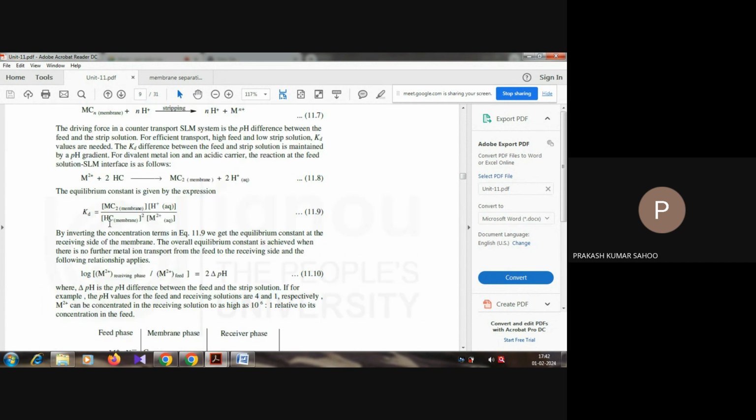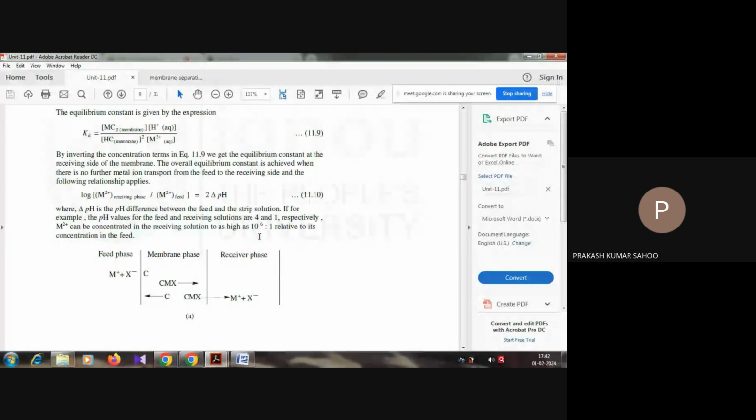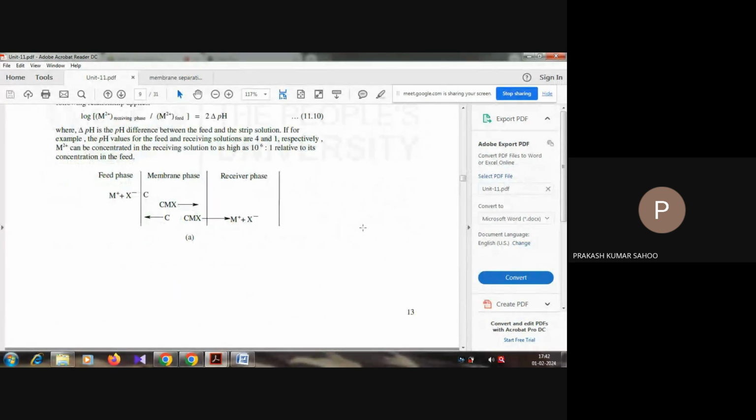And then we have the equilibrium constant, that is the product of the concentration of the products divided by the concentration of the reactants. We just go through these, and we have another mechanism. This is the feed phase, or the mixture, and this is the barrier or the membrane, and this membrane will have the phenomenon of adsorption.